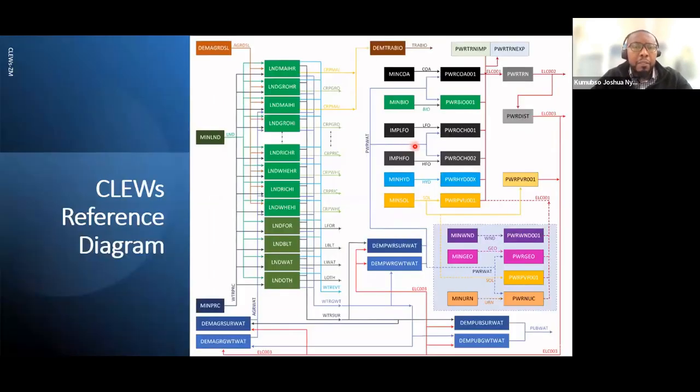This is the CLEWs reference diagram. So this was pretty much a comprehensive diagram, which looks at all the crops, about 18 crop technologies, a combination of irrigated and rain-fed.